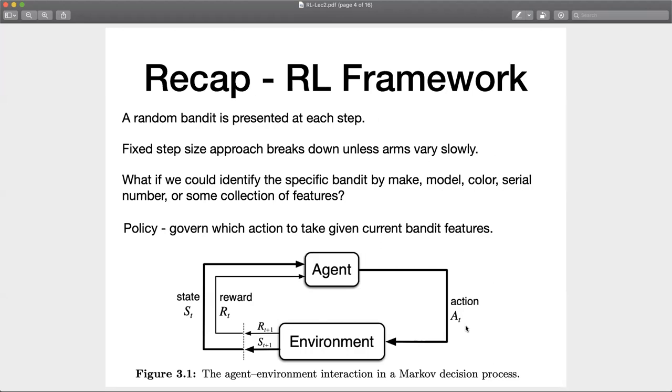So it makes this action, and the environment will respond to that. The environment will then change its state as a result. In the case of these random bandits, it doesn't care what action you took. It always just gives you a random new state, a random new bandit. But imagine that your actions had consequences that influence the new state. That's kind of what's happening here.